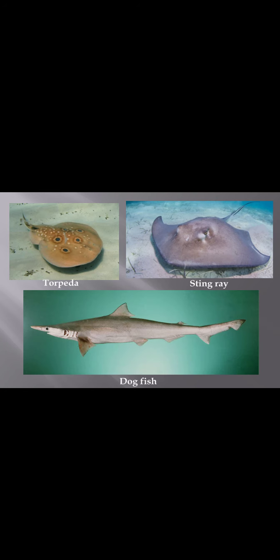Also here are a few examples, that is torpedo, stingray, and dogfish. These are all examples of organisms included under the phylum Pisces. The other name for Pisces is fishes, and the study of fish is called pisciculture. That is also a very important part.